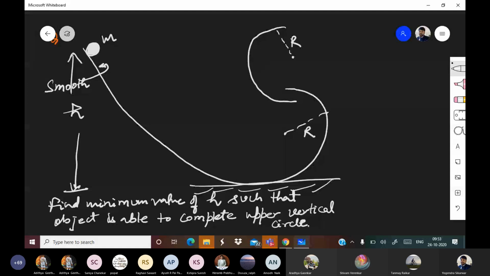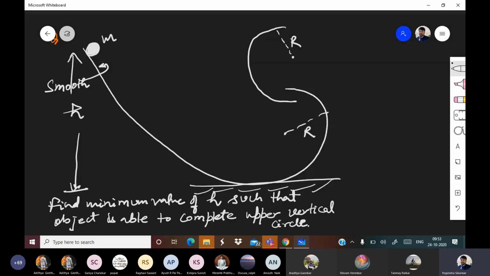Solved. Okay, everyone, please pay attention. As I told you, that question is very easy. What I am doing is applying MEC between the initial point and the final point.